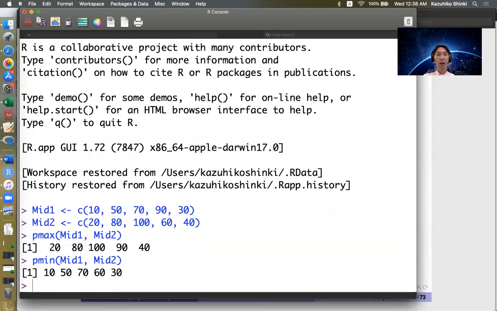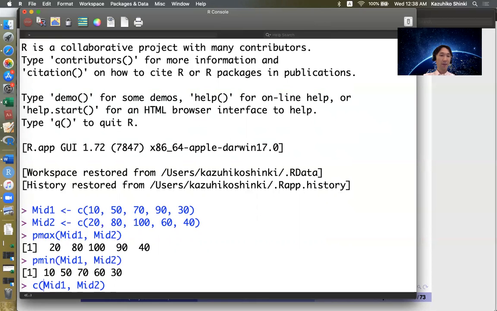The pmin function gets the minimum for each observation. Okay, so to combine two vectors, you can use again the c notation.